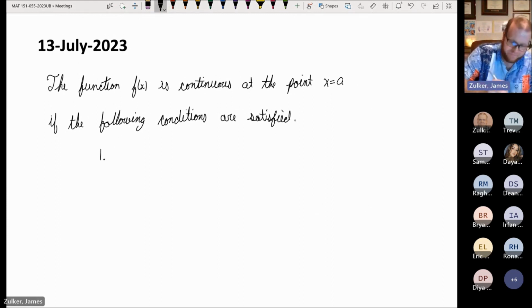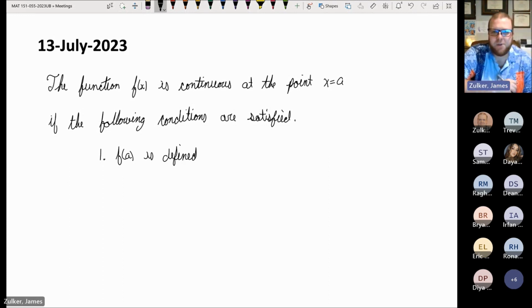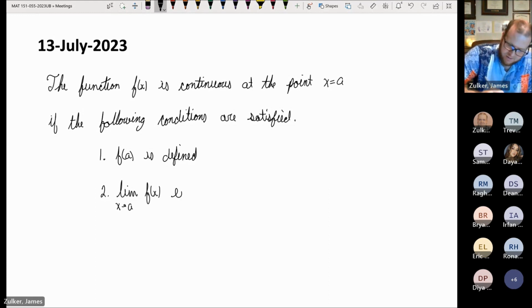First, f of a is defined. Right, that's obvious. Second, the limit as x approaches a of f of x exists.